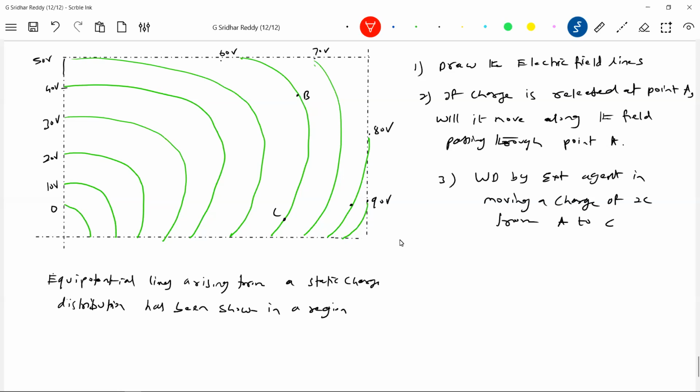I'll keep point A here. We will directly start from here. The lines of force I should draw in such a way that they are perpendicular, no? Just make observation.